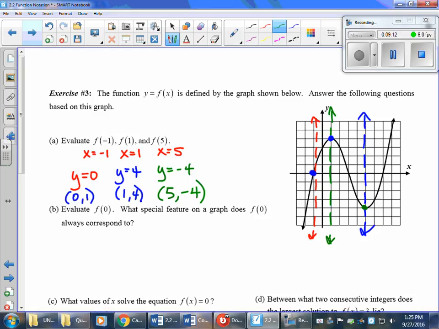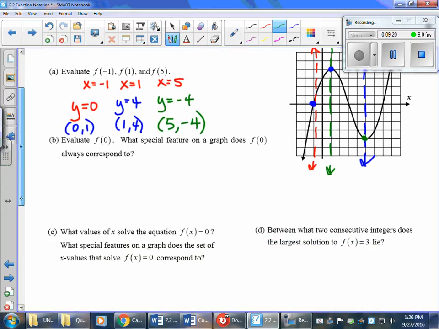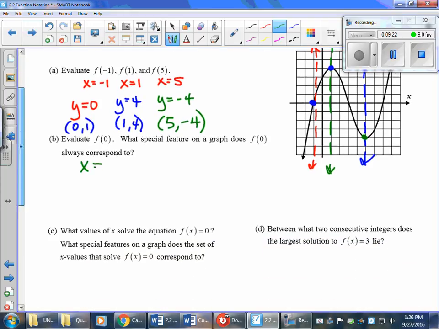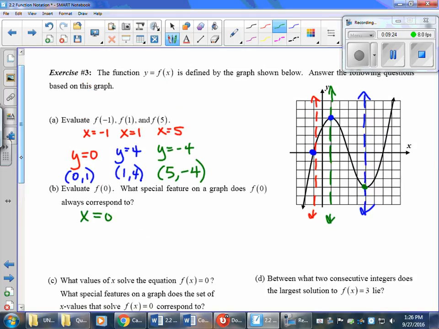B says evaluate f of 0. What special feature on the graph does f of 0 always correspond to? Well, what happens when x is equal to 0? X is equal to 0 right here.